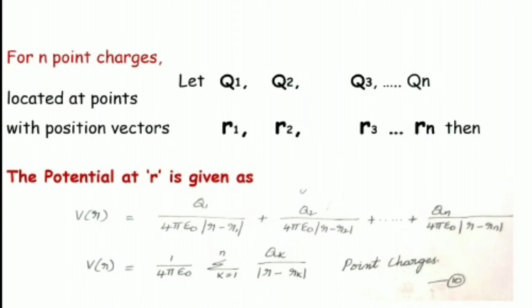Therefore, V of r is equal to 1 divided by 4 pi epsilon naught, summation k equal to 1 to n, Qk divided by magnitude of r minus rk. This is for point charges. This is our 10th equation.